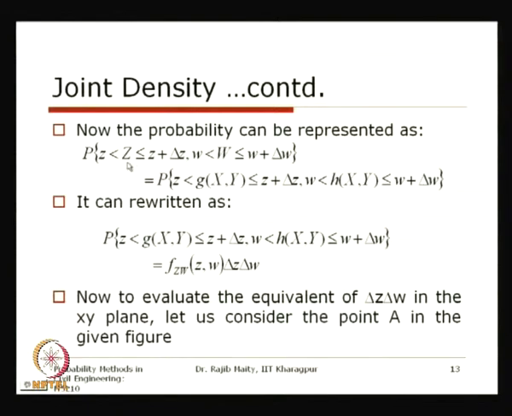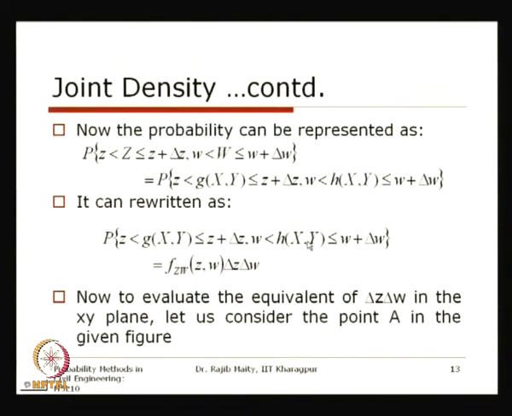So, the random variable Z is between z and z plus delta z and, simultaneously, W is between w and w plus delta w, which can also be written by replacing Z with the function g and W with the function h.